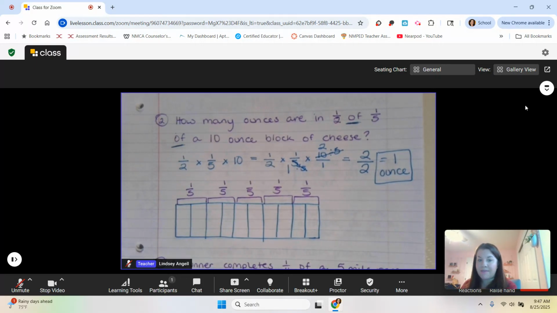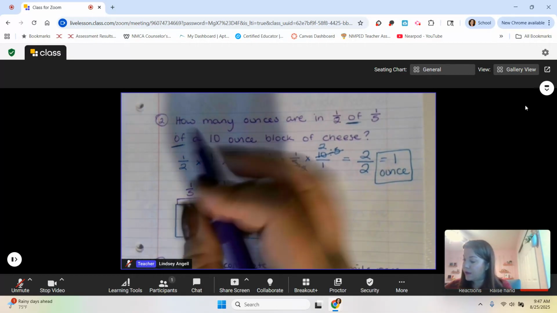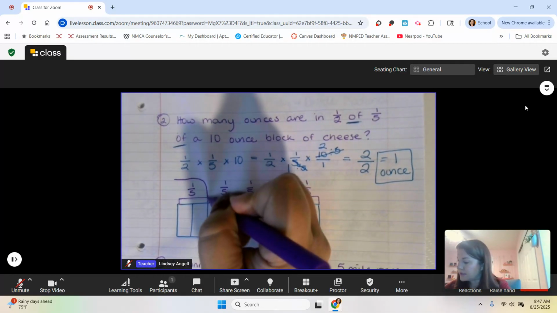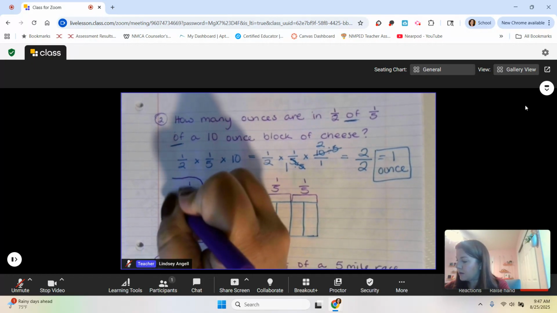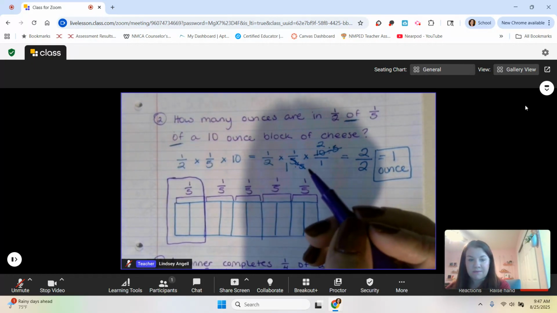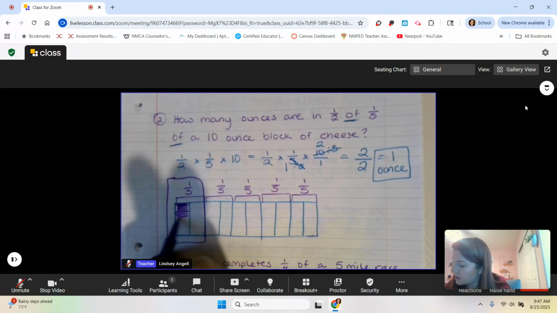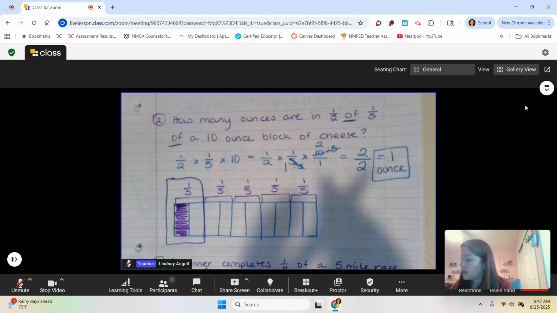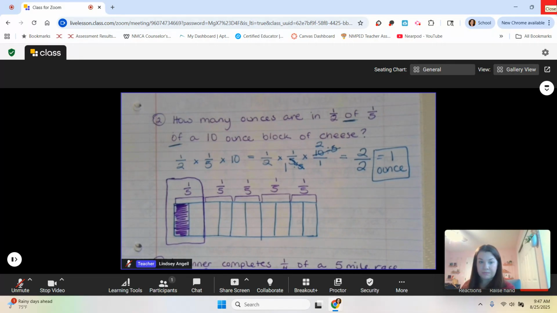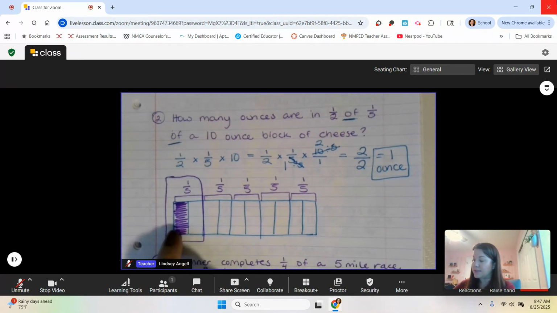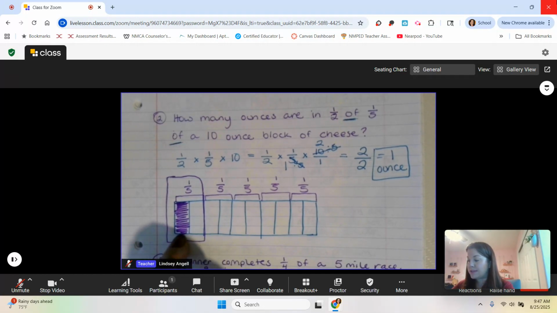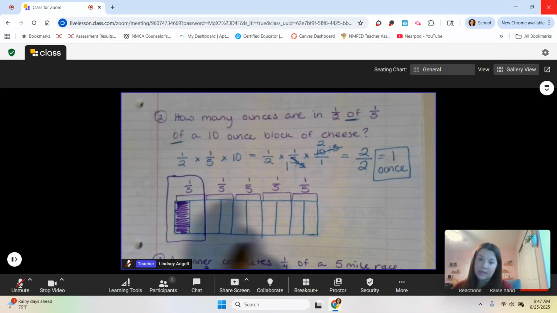But I have 1/2 of one of those. Well, if I'm only focusing on this fifth right here, there's my fifth I'm focusing on. I only have 1/2 of it. That's all I have. And going back to the original problem, asking about ounces, well, if I have one of those pieces out of 10 ounces, I have 1 ounce.